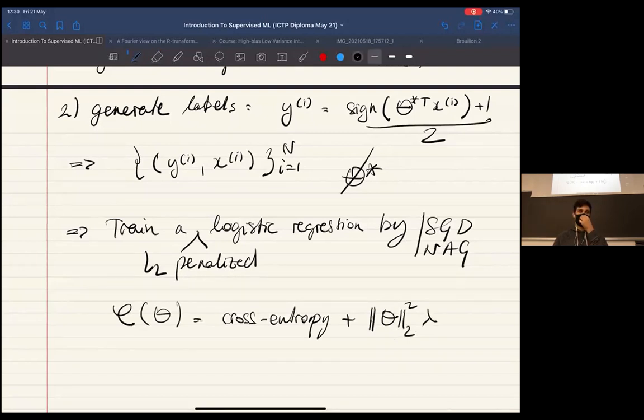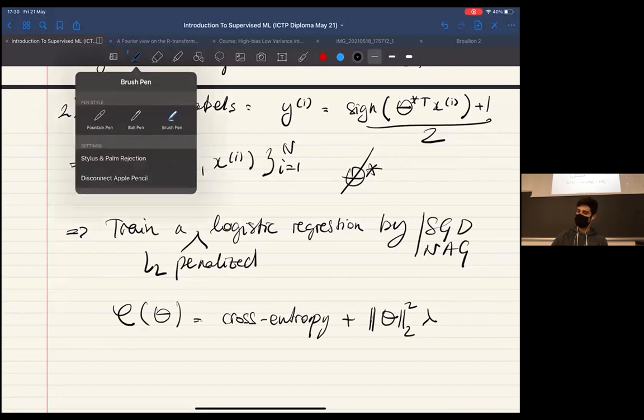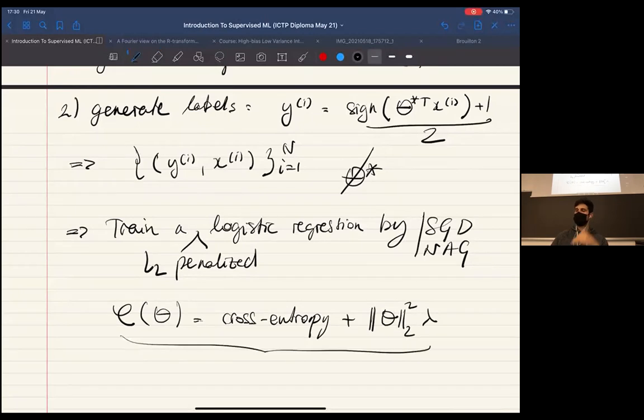So what does it mean probabilistically speaking here? When you define a cost function, you should always try to think what it means in Bayesian terms. If your cost is a cross entropy plus an L2 penalization, what are you assuming from a probabilistic point of view? No, go for it.